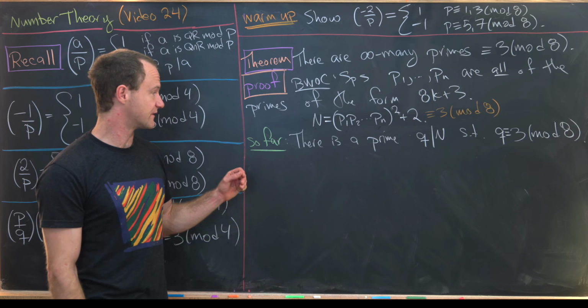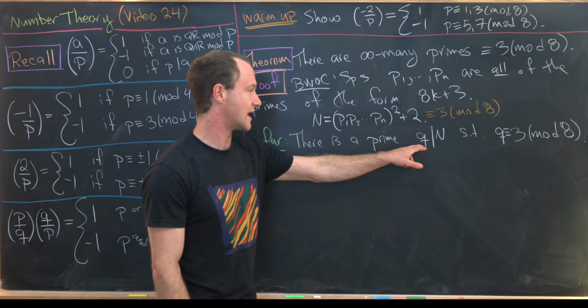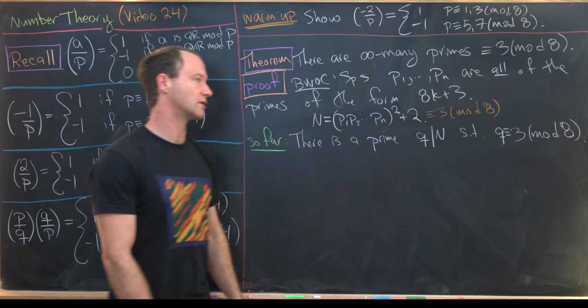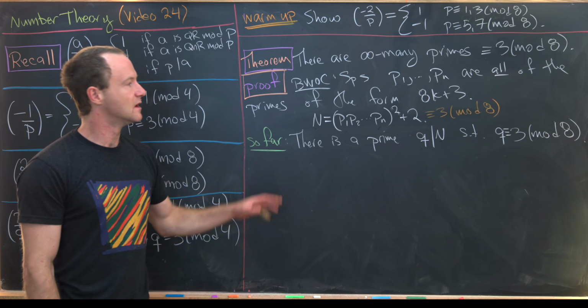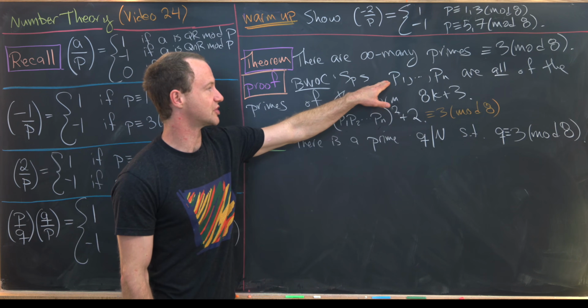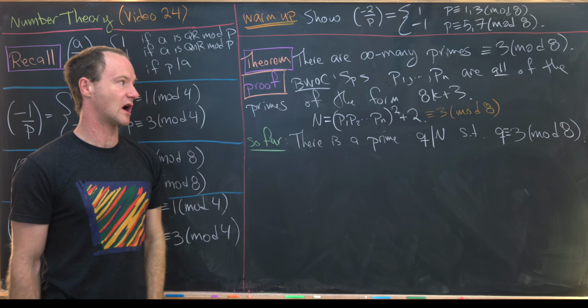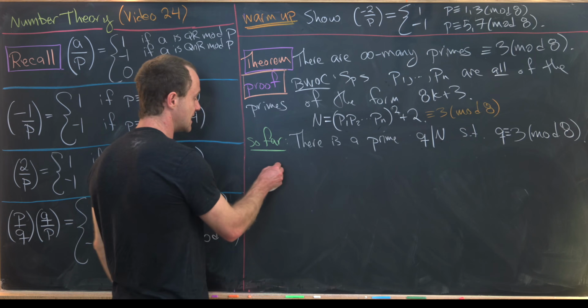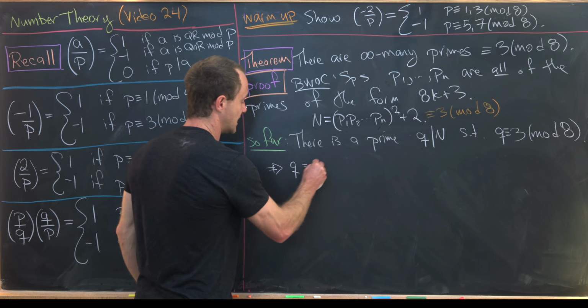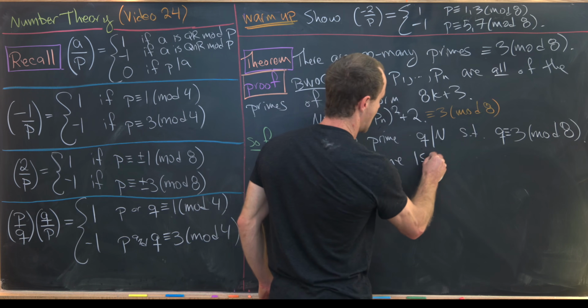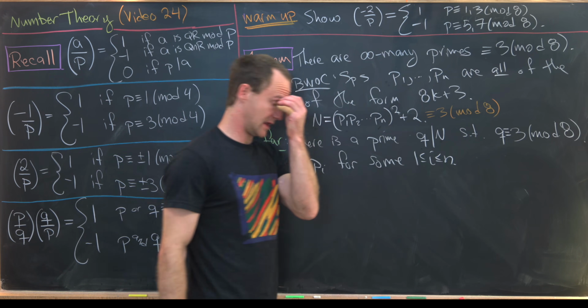And the conclusion of the last board was that there is a prime Q that divides n such that Q is congruent to 3 mod 8. But now, along with our assumption that this list P1 to Pn is all of the primes of the form 8k plus 3, that means that Q equals Pi for some i that's between 1 and n.